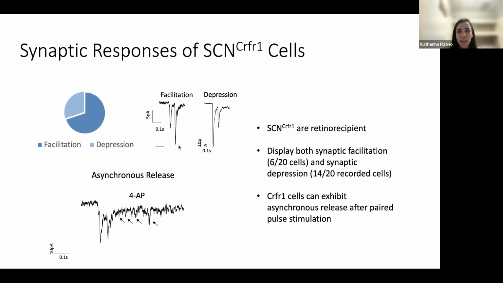Moreover, if we use a paired pulse protocol where we stimulate that ipRGC presynaptic fiber with two 5-millisecond pulses, we can see that these cells display both synaptic facilitation as well as synaptic depression, although a majority of the cells we did record from showed this synaptic depression response. We also can note that after stimulation in the presence of 4AP, these CRFR1 cells exhibit asynchronous release, as depicted by the arrows.